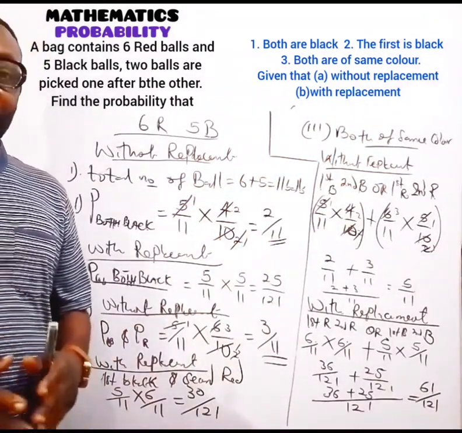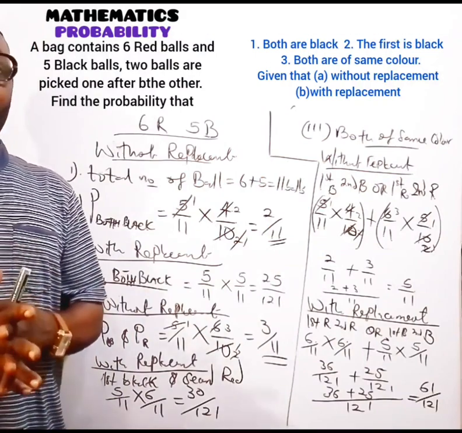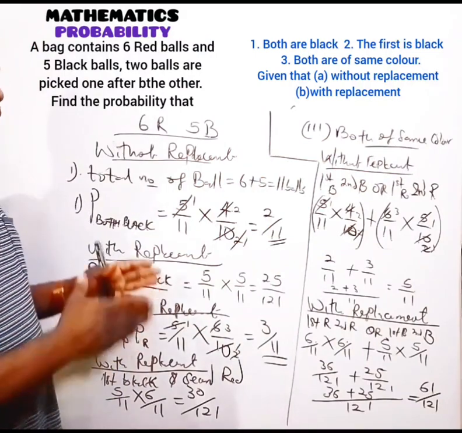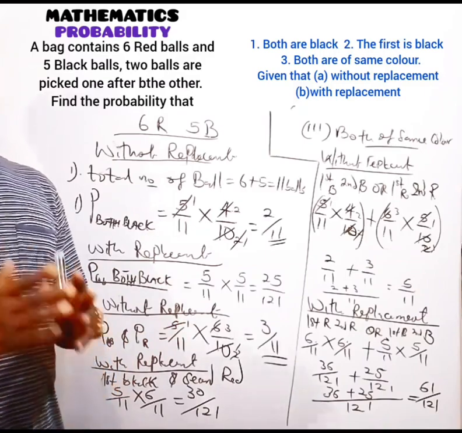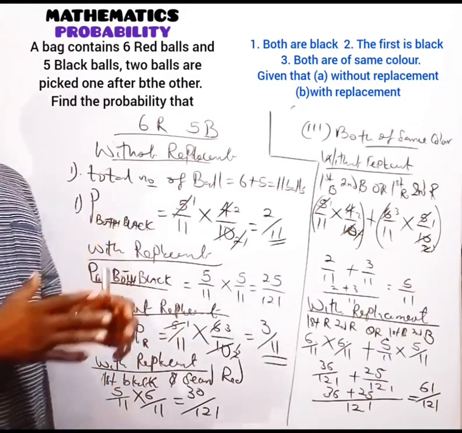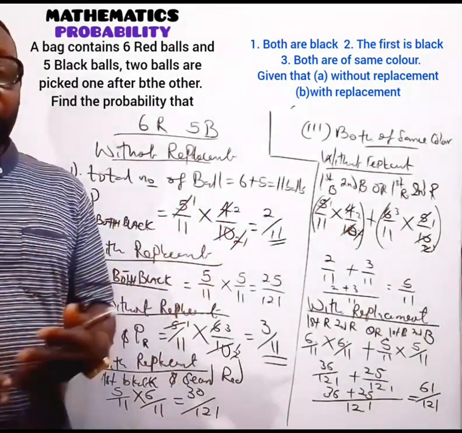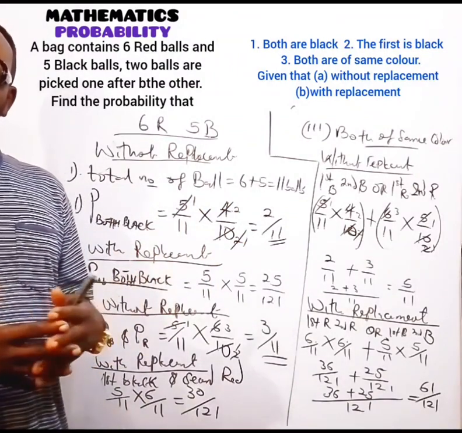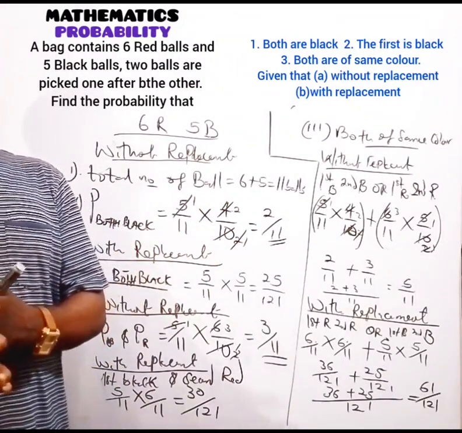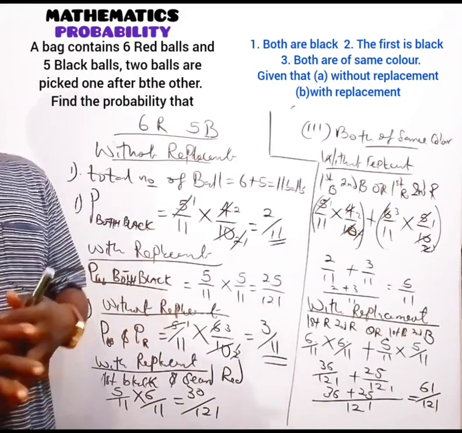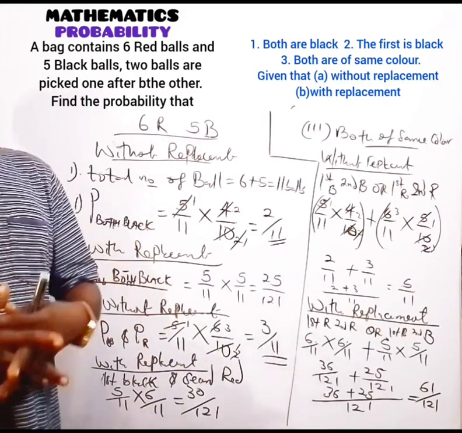This kind of question requires you to be very, very careful when you are trying to solve it. You have to be considerate about the meaning of those terms, that is mutually exclusive or independent events, when you are making use of or, either or, and both.